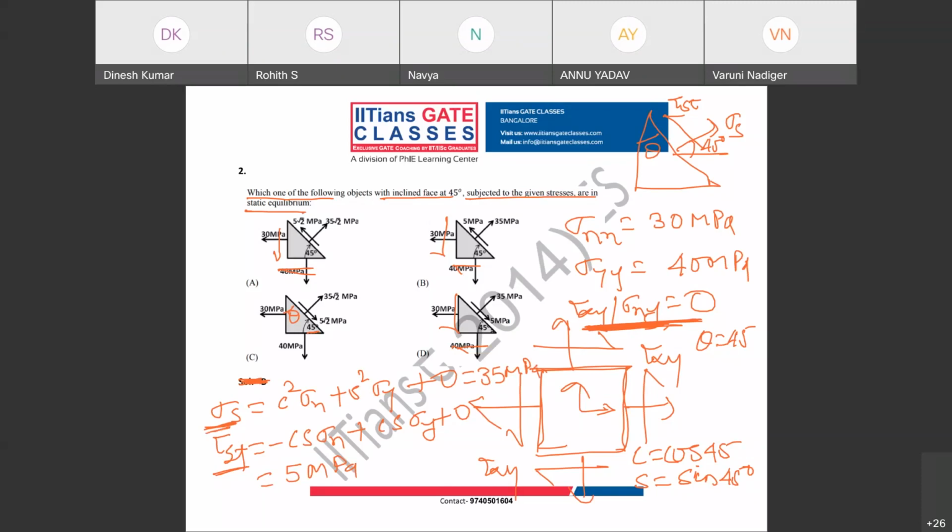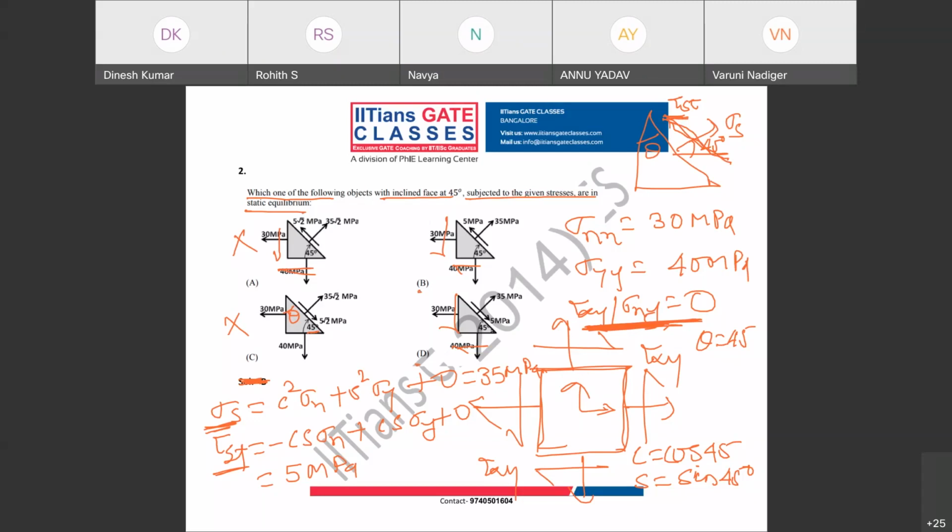Okay, good. Now if you see the options, your sigma s should be 35. So that means A can't be the answer, C can't be the answer. What is the correct answer? It can be B or D. Now guys, if you see the direction of tau, it should be this, right? As per our formula, it should go in the positive t direction, right?